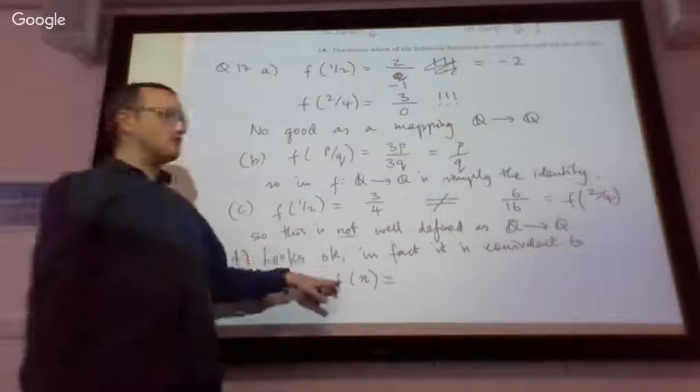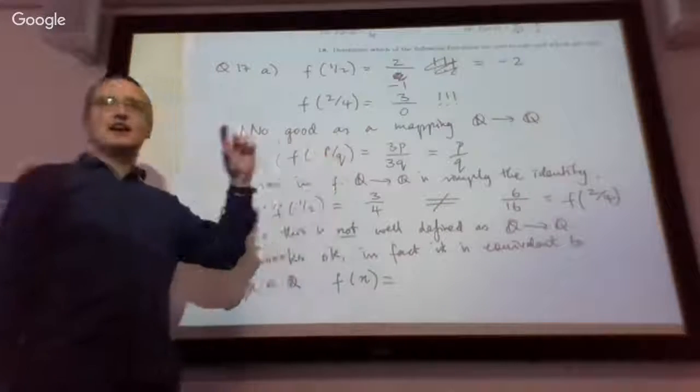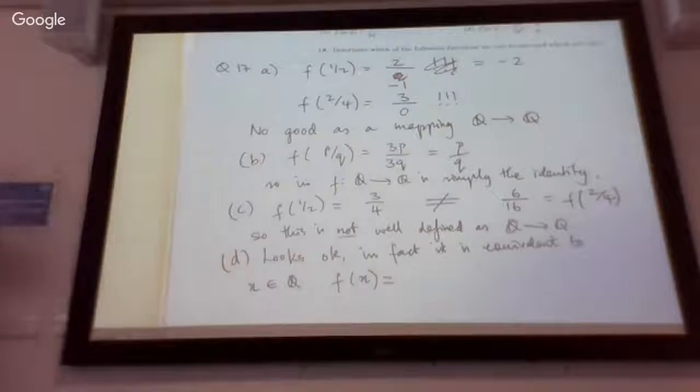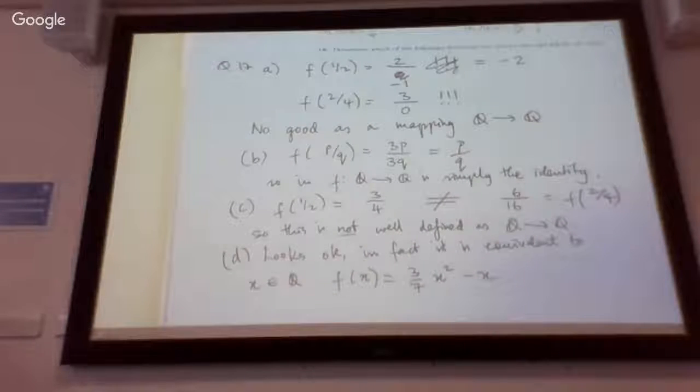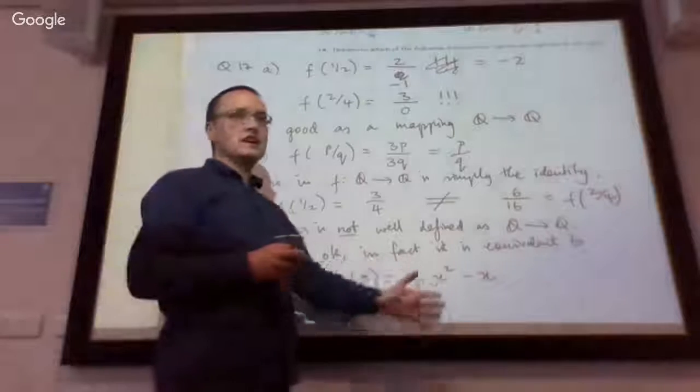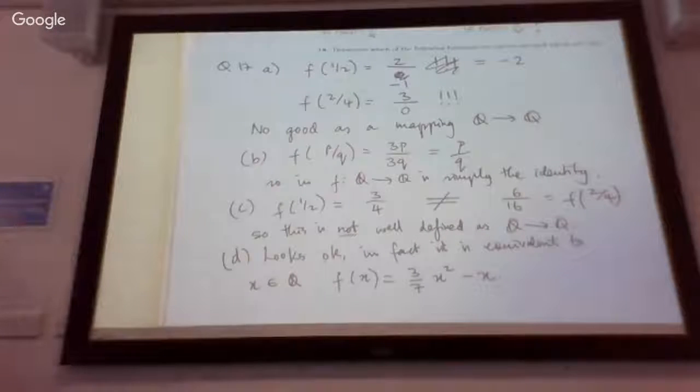We can give a formula for f that doesn't depend on the particular fraction you choose to represent the rational number. We can just say f of this rational number x is 3/7 of x squared minus x. That's really what the function is, isn't it? So it's just a polynomial function. Polynomial functions are perfectly well defined on the rational numbers. They just operate on the numerical quantity.